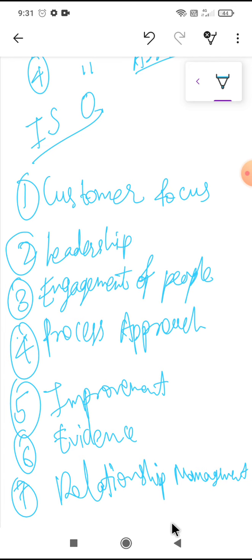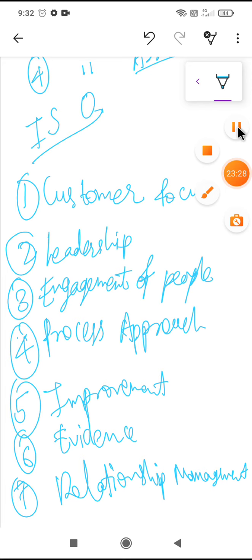Sustained success is more likely to be achieved when the organization manages relationships with all of its interested parties to optimize their impact on its performance, and relationship management with its supplier and partner networks is of particular importance. So these are the seven principles of ISO for quality management.